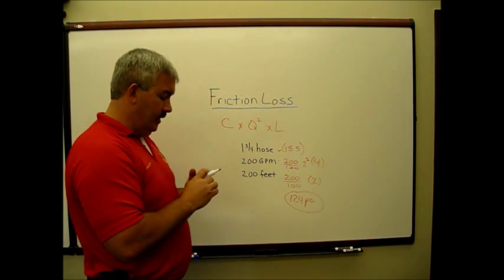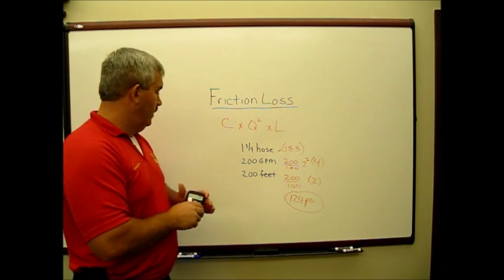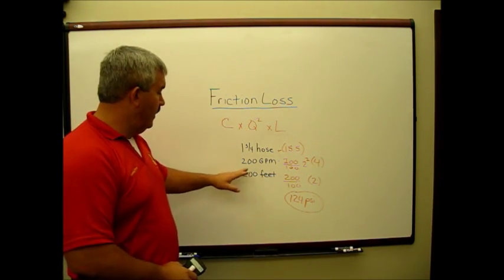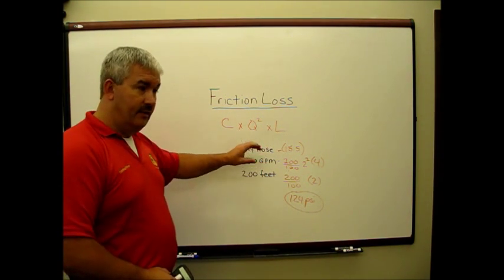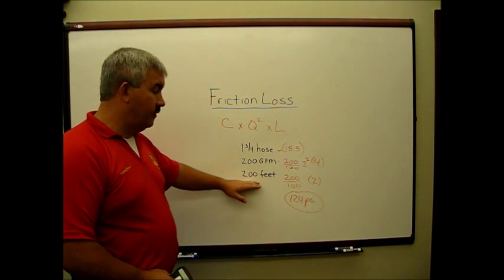Now that does sound like a lot, but you got to remember, you got a 1 3/4 hose, which is one of the smaller hoses, and you're trying to get 200 gallons per minute at the end of the nozzle, and the hose is 200 feet long.